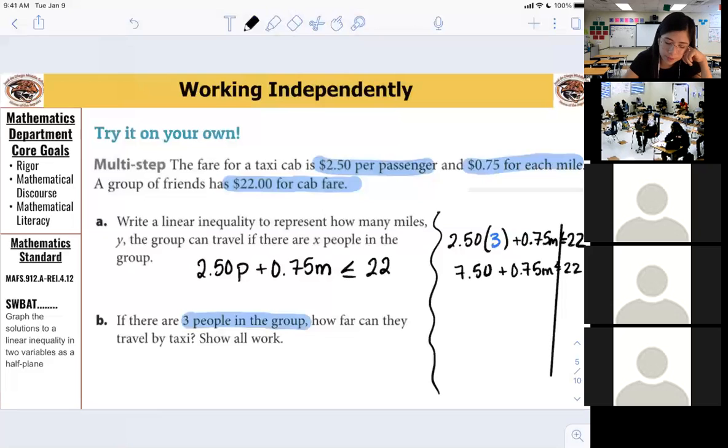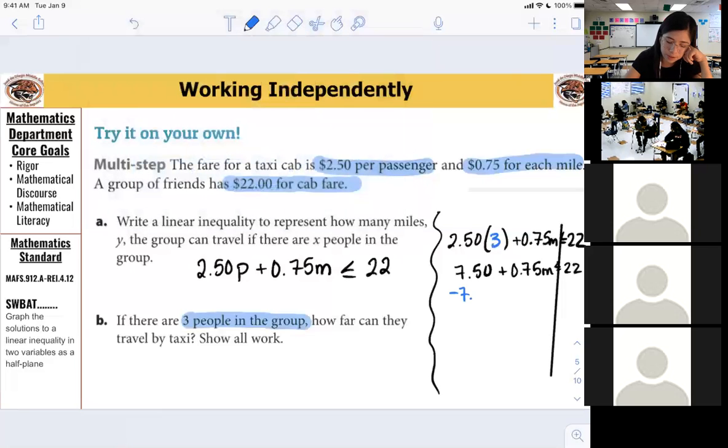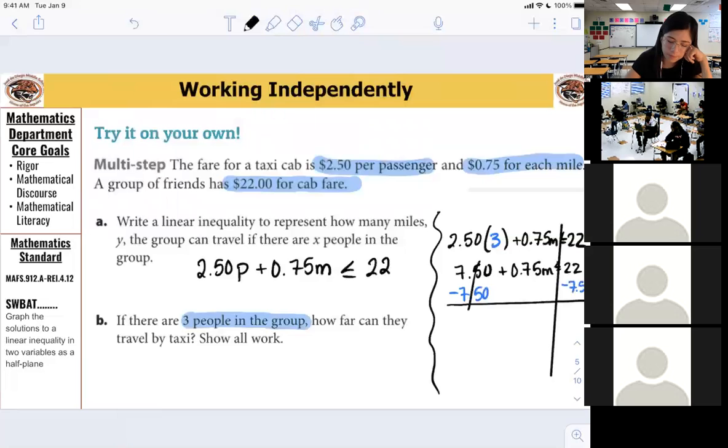So 7.50, we take that away on both sides so that we can subtract it from the 22. So what's 22 minus 7.50? 4.50. Try again. I think that's where you might have gone wrong. 22 minus 7.50. Not 4.50, but 14.50.